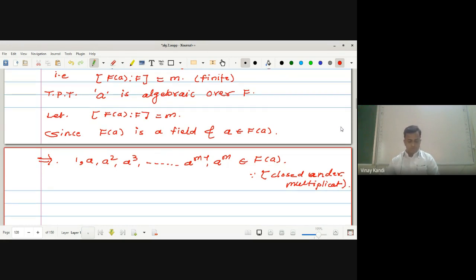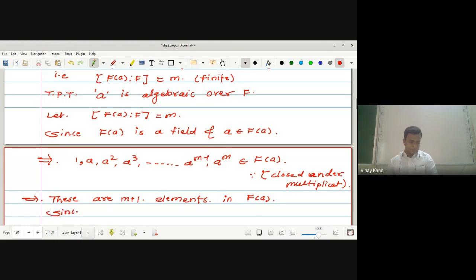Okay, so this implies, these are how many vectors, m plus 1 elements. किती एलिमेंट्स आहेत हे टोटल, m plus 1 elements in capital F(a).